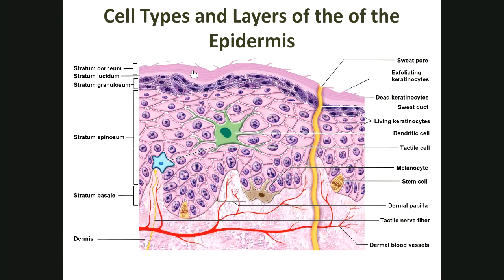The cells are enucleated because the nucleus is dead in this part, and all the organelles of our cells are dead, and our cells are full of keratin. The cornified epithelium contains a large amount of keratin, and the keratin, as you see here, is the extracellular material which is released on the surface of the skin. So this is not a cell. This is a protein which is secreted.